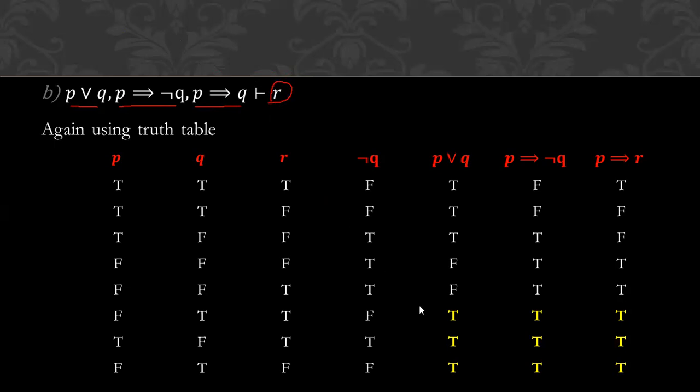As we clearly observe here, this argument contains three critical rows.